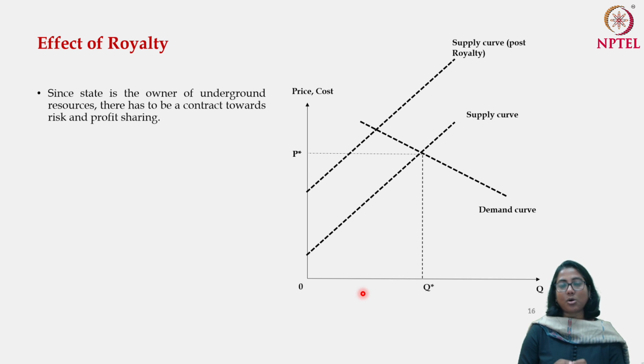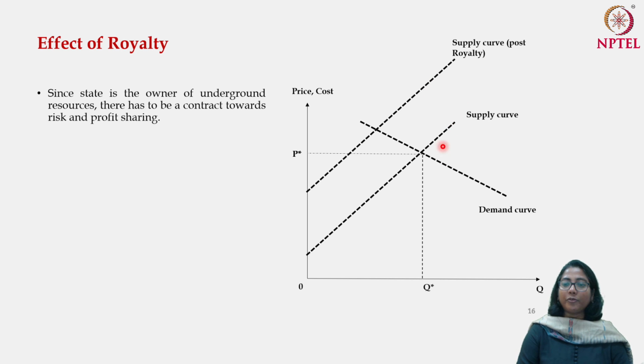Once this tax or royalty is imposed, then for per unit of production, the supplier has to pay something to the government. As a result, there is an increase in the per unit cost of the supplier, and the supply curve of this fossil fuel supplier moves from here to here.